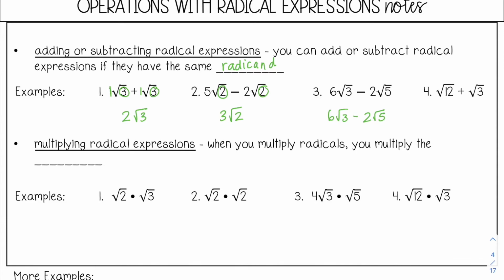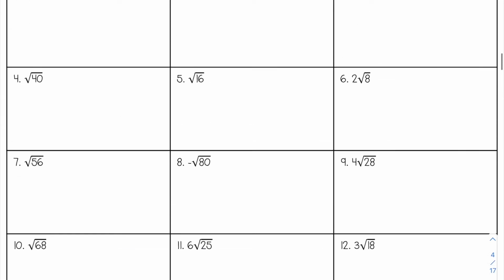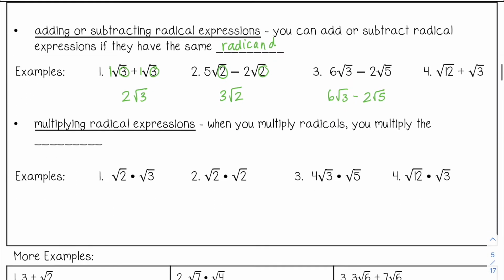And then number 4, the square root of 12 plus the square root of 3. So those are not the same radicand, but I can actually simplify the square root of 12 like we learned in these notes up here. So remember, I want to find the largest perfect square that can go into 12, which would be 4.